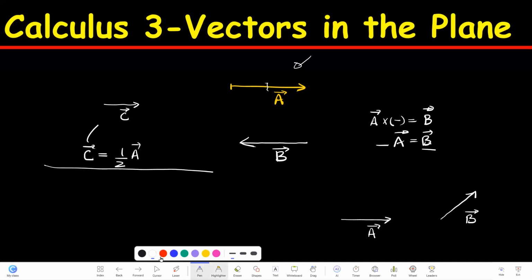Let me put some sizes over here. Vector A is maybe 4 meters. Vector B is 5 meters. Okay, which vector is bigger?